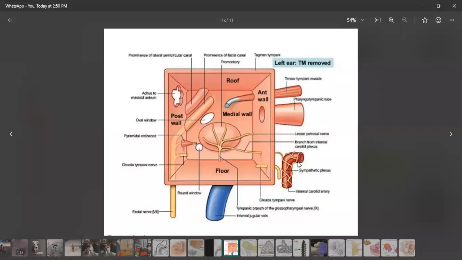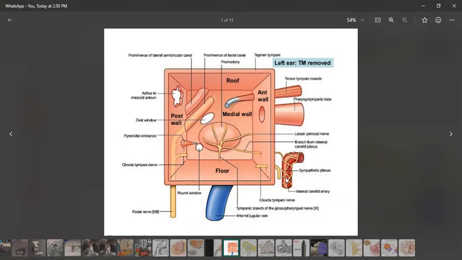Okay, so this tympanic plexus is formed by the tympanic branch of the glossopharyngeal nerve, sympathetic branches from the sympathetic plexus on the internal carotid artery. Remember, when we were talking about the bony landmarks, we said that the internal carotid artery passes close to the ear.